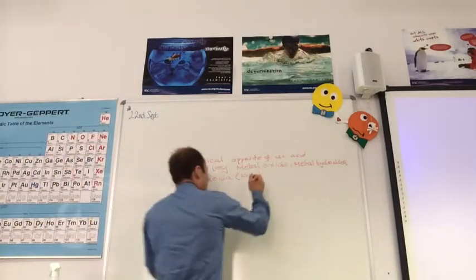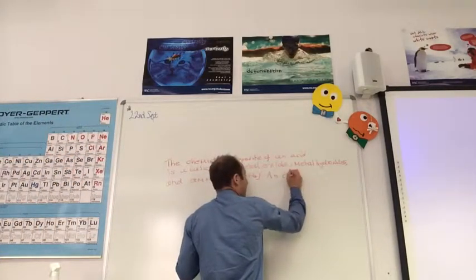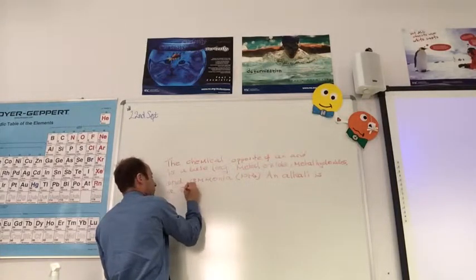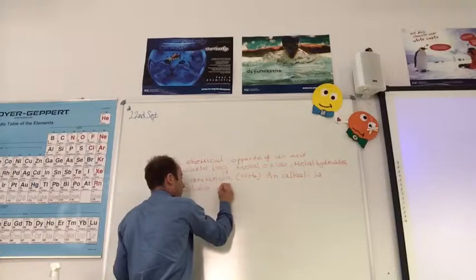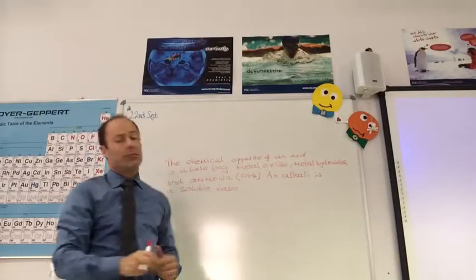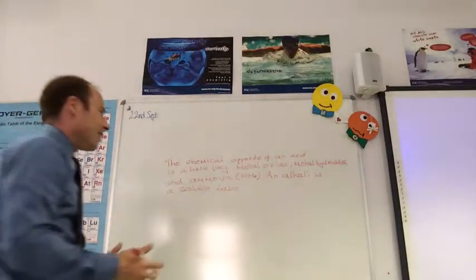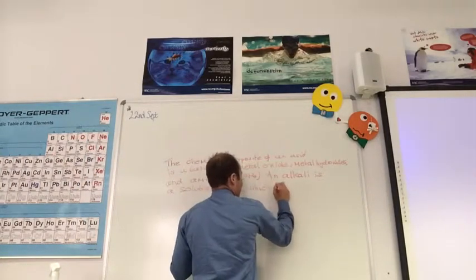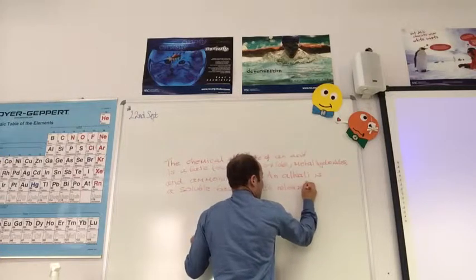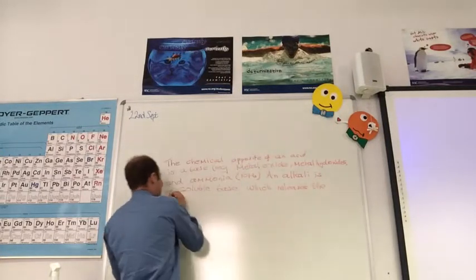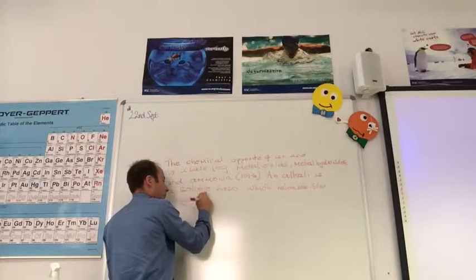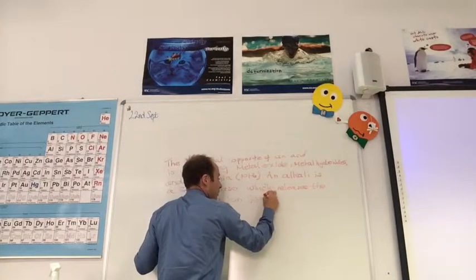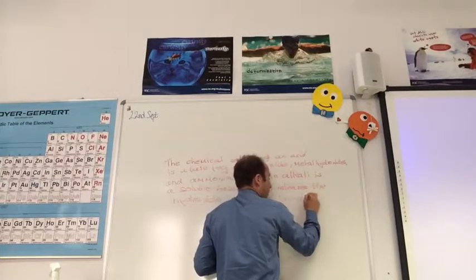And an alkali is a special type of base. An alkali is a soluble base. And that releases the OH ion in aqueous solution, which releases the hydroxide ion, and that's OH minus, as you know, in aqueous solution.